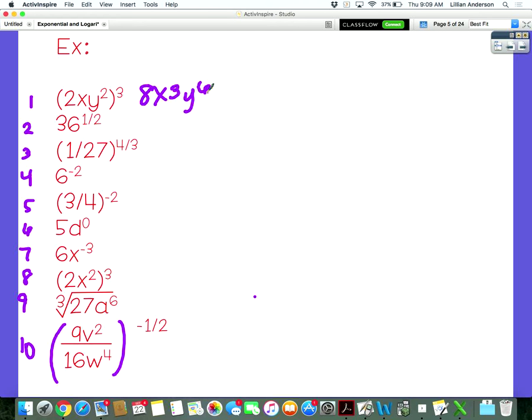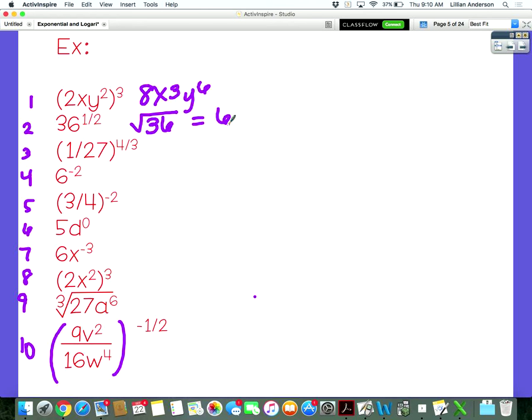Remember, a fraction as an exponent can be written as a what? As a root. What's the root? It's the square root of 36 to the first power, which is just 6. Wait, wouldn't it be positive or negative 6? That's only if it's an equation. Oh. So it's just going to be the positive 6 here.